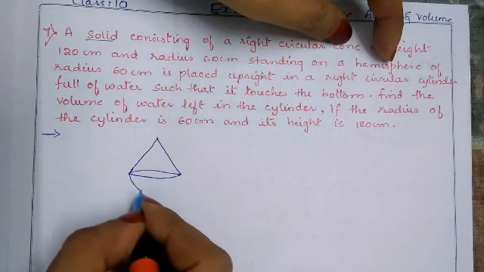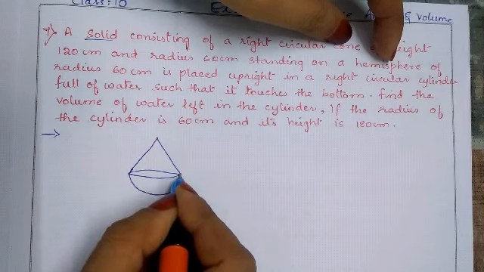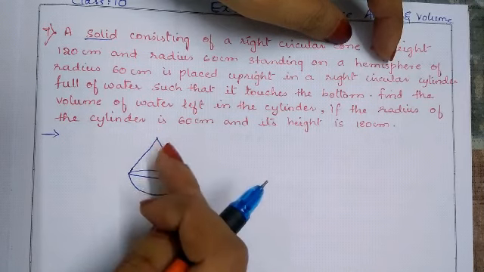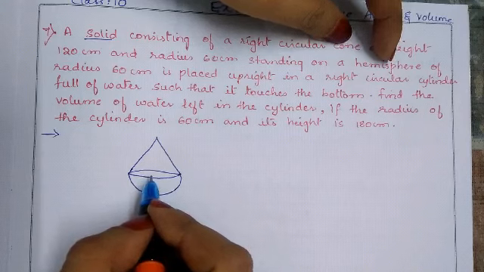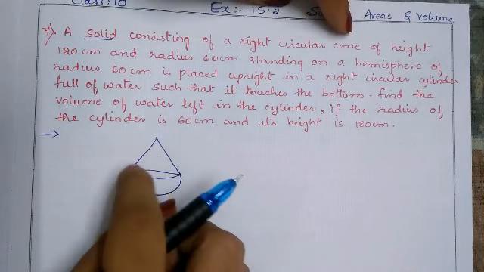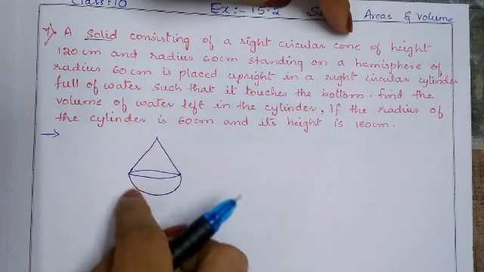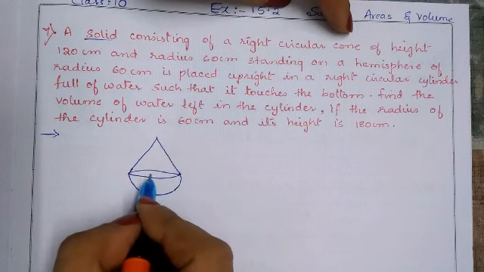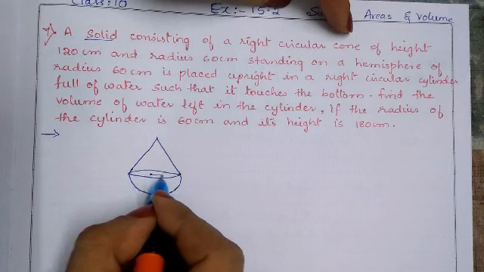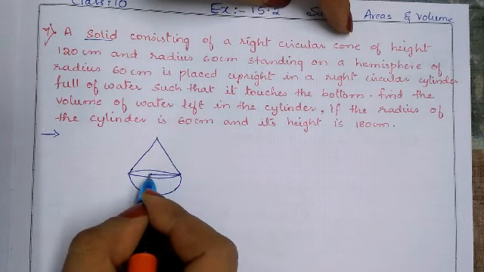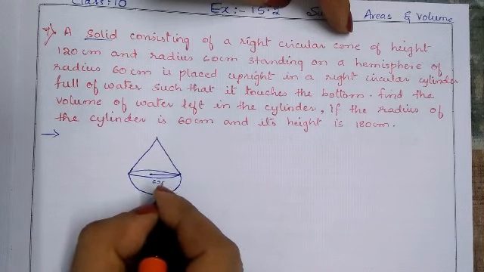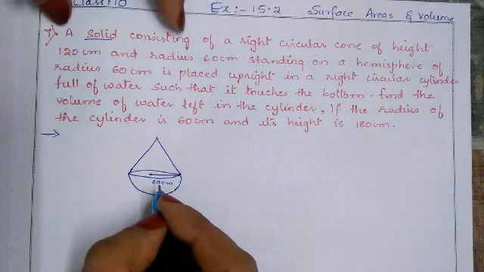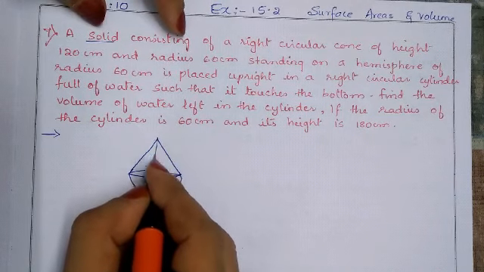This cone is standing on a hemisphere. This is the solid, a closed figure. The cone and hemisphere radius is 60 centimeter and the height of the cone is 120 centimeter.